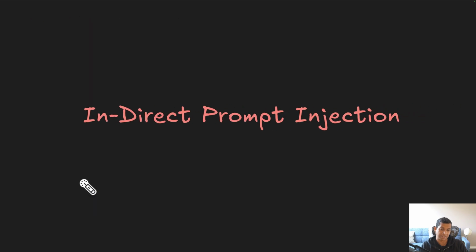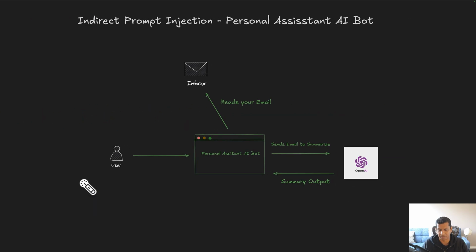Now let's look at indirect prompt injection. How is it a bit different? Maybe we'll take an example, which will make things much clearer. We've built a very simple bot. Let's call this bot a personal assistant AI bot. All that bot does is it reads your email and then summarizes it at the end of the day. The use case here is, let's say I get hundreds of emails every day.